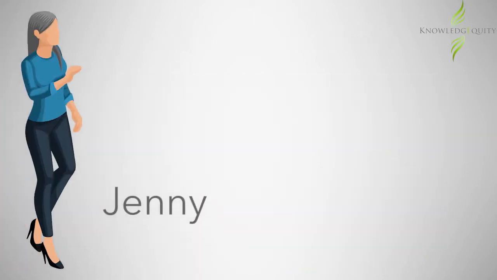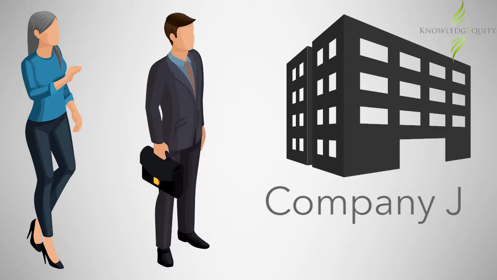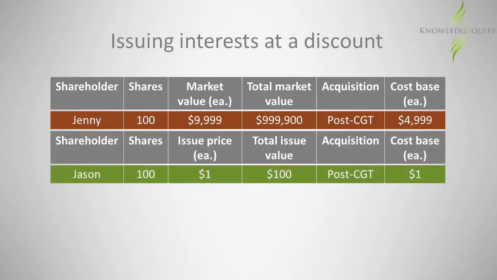Jenny owns all the shares in Company J and wishes to introduce her son Jason as an equity holder. A simple direct sale or gifting of shares by Jenny to Jason would trigger CGT in Jenny's shares. Instead, Jenny causes Company J to issue new shares to Jason at less than market value.